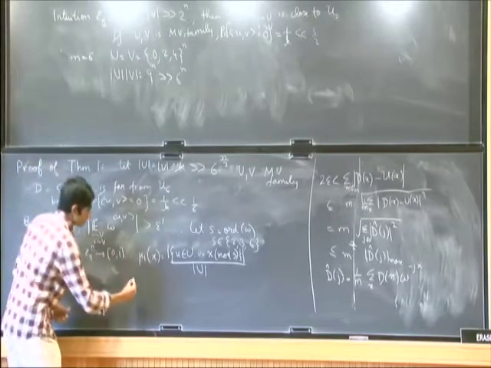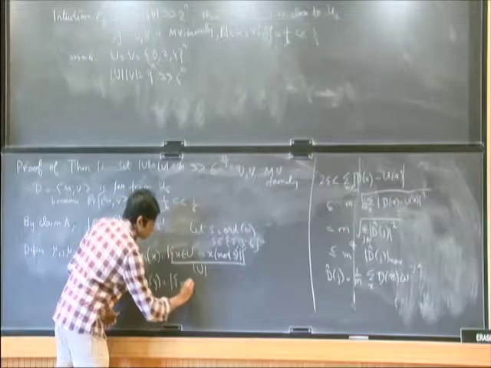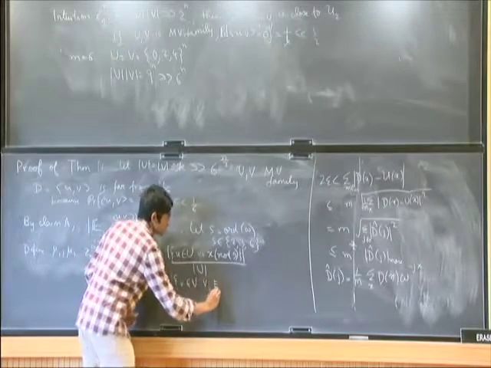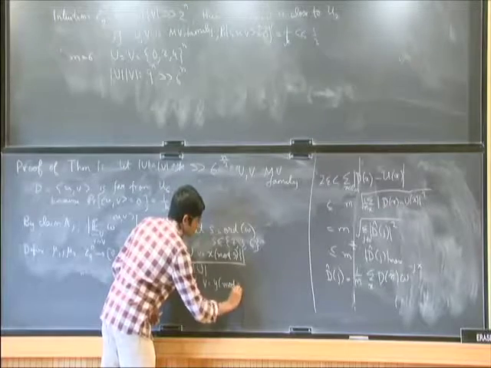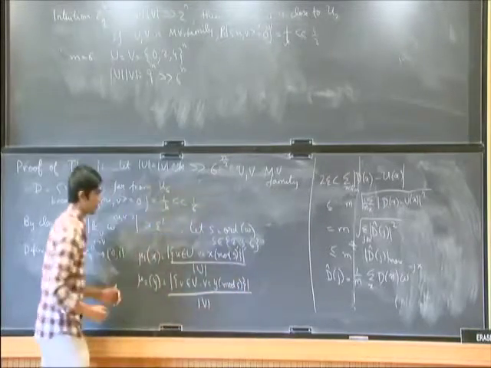And similarly, mu2 of y is all those v in V such that v is y mod s, right?